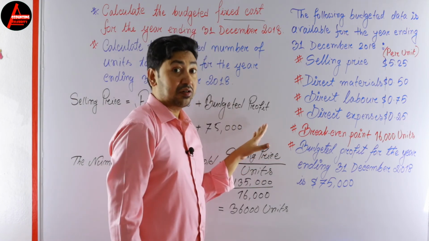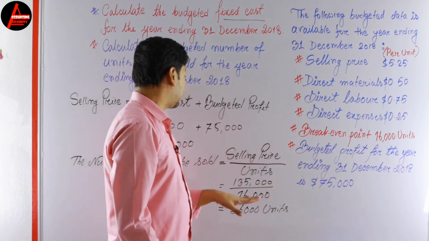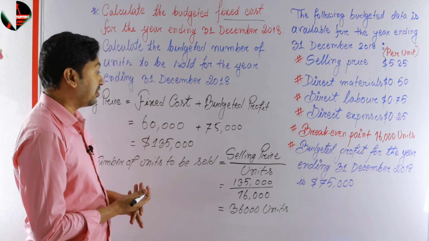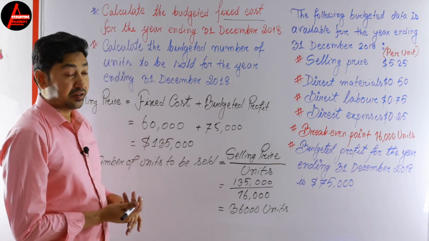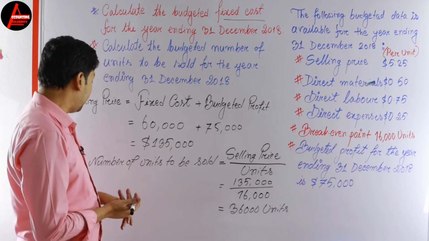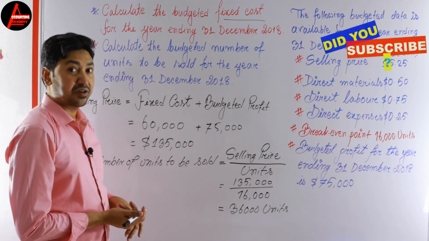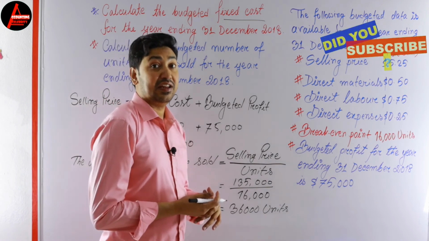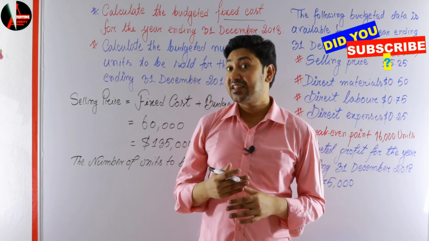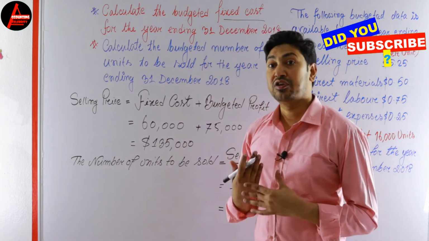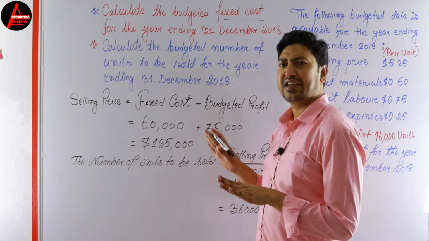So you need to calculate this, and just you have to add these two values, and then divide. You have to divide by break-even unit. Okay, then you can calculate your number of units to be sold. So this is a quick lesson. I hope you enjoyed this lesson and you understood. Next time I will show you some more questions, this type of questions.